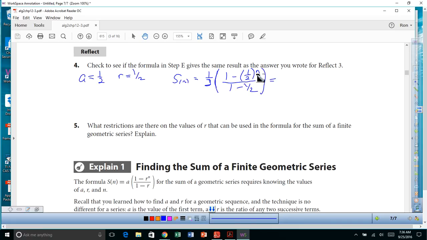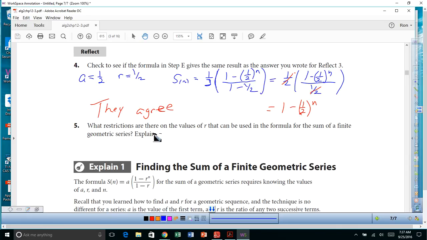And we can do a little arithmetic in here. We have 1/2, and then 1, that can't do anything there. And then 1 minus 1/2 is 1/2. Now, if you'll notice, this here and this here cancel out, and you're left with 1 minus 1/2 to the nth power. So, eureka, they agree.